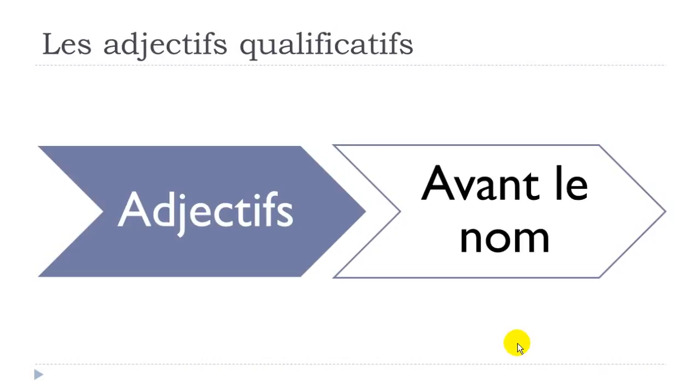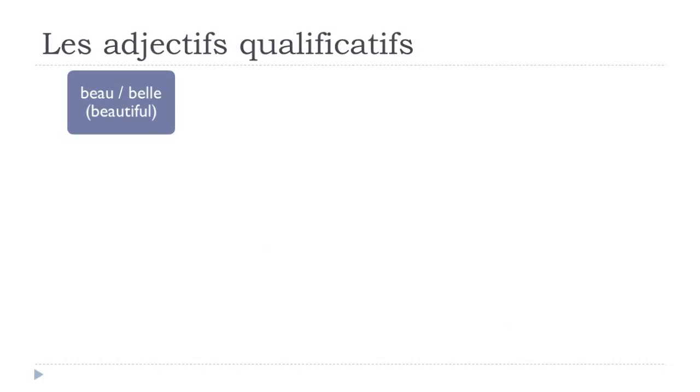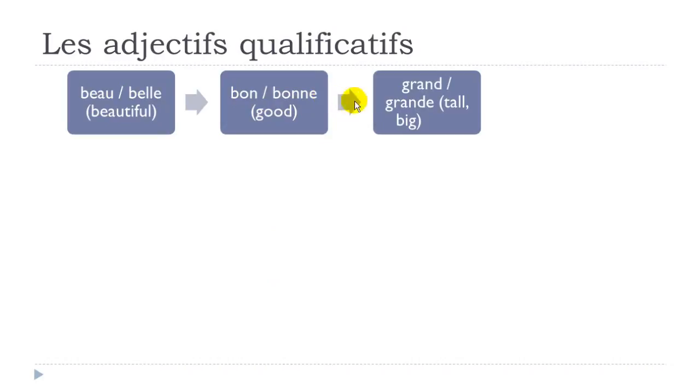Alright? So let's see now adjectives that will come before the name, or the word if you want. Okay, so let's see them. We've got beau, belle. Bon, bonne. Grand, grande. Gros, grosse.